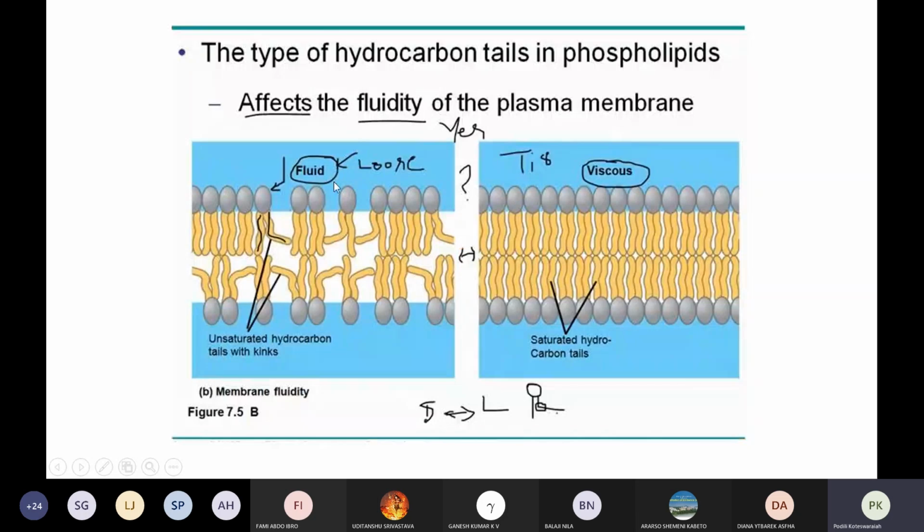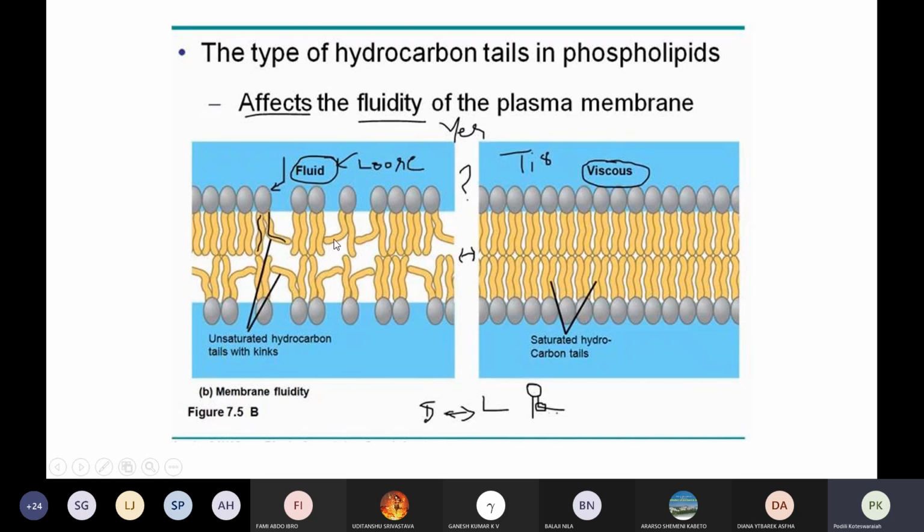As I already said, when these unsaturated fatty acids are present in biological membranes, they increase the fluidity of the membrane. If saturated fatty acids are present in the membrane, they pack very tightly, and as a result the movement of molecules is not possible.